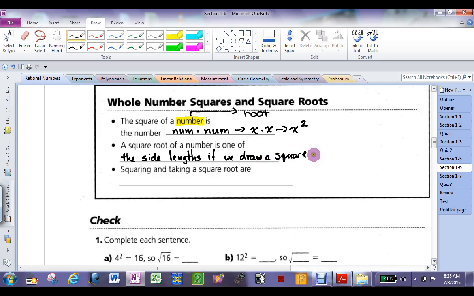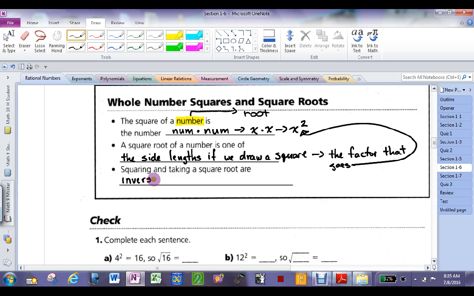But it's also the factor that goes there. Does everybody understand what I mean by that? The square root is the thing that we are multiplying by itself. The square is the answer. Cool?